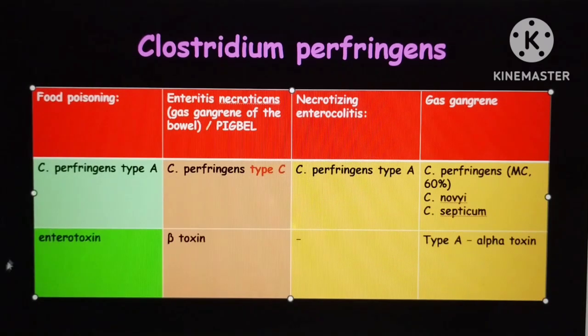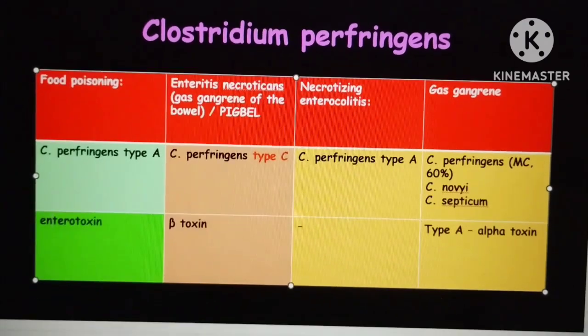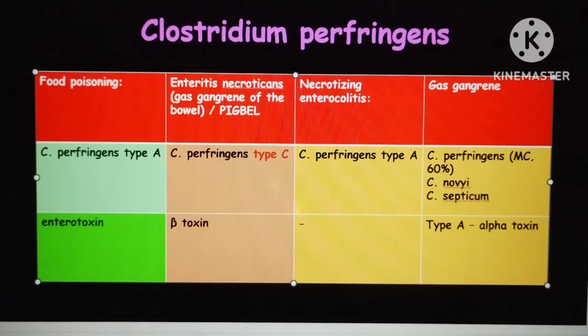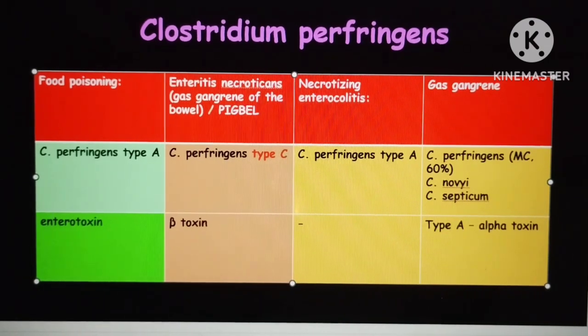So here the toxin responsible for food poisoning is enterotoxin, whereas enteritis necroticans is a beta toxin, and gas gangrene is an alpha toxin. Okay. So I think this tabular column will be more than enough to remember the diseases and the toxins.